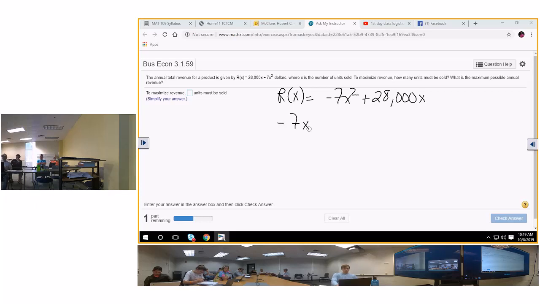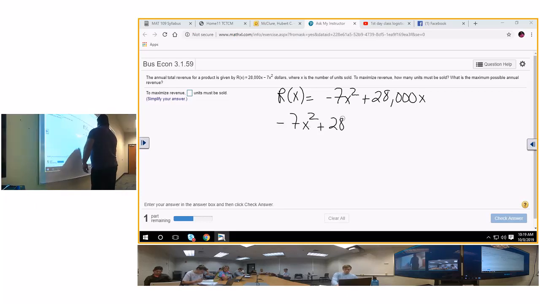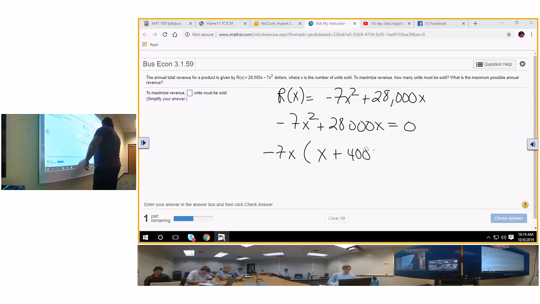Negative 7x squared plus 28,000x is equal to 0. I'm going to factor out, I don't care if you factor out a negative, you don't have to, but negative 7x, and what does that leave? X plus what? 4,000.